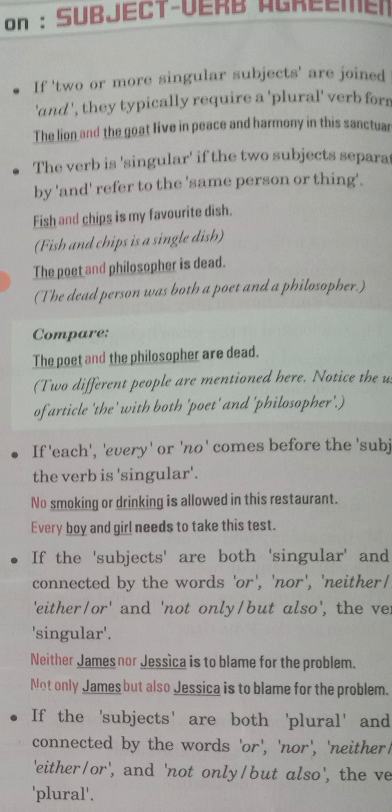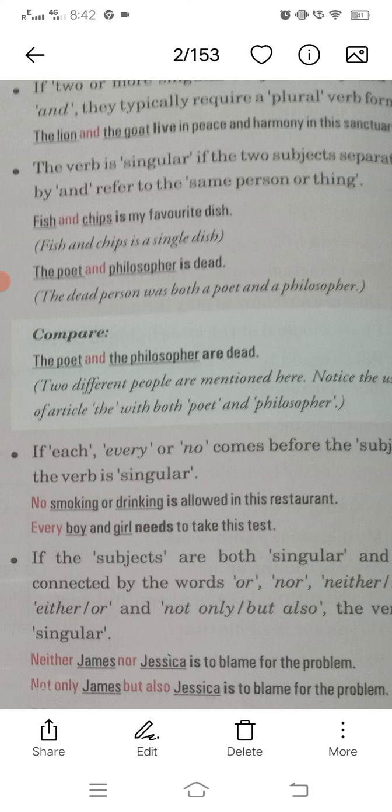We will put "is". As you can see in the example, fish and chips. They have mentioned in the bracket that it is a single dish. We eat them together, like rajma or rice, you can say, curry or rice. They are dishes which may be separate, but they are consumed wholly together.